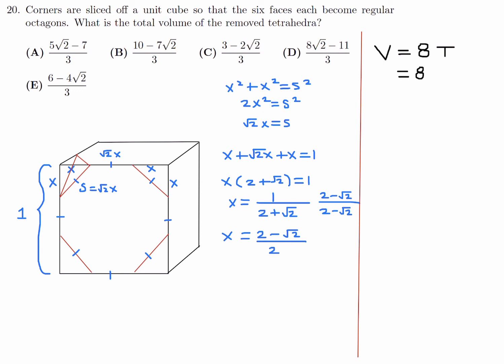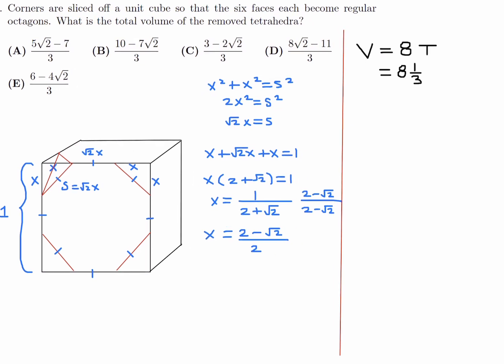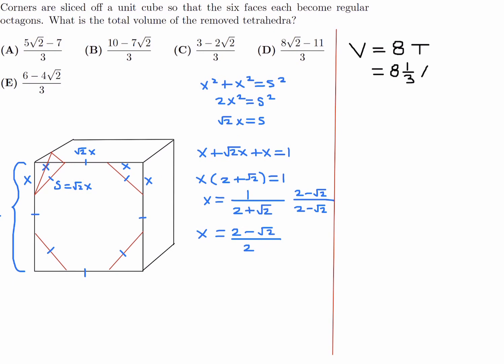Now how do I figure out the volume of a tetrahedron? Well, it's 1/3 times the area of the base of the tetrahedron times the height. So that becomes 8/3. Now, what is going to be my base and what is going to be my height? Well, my base I will represent with this section right here.